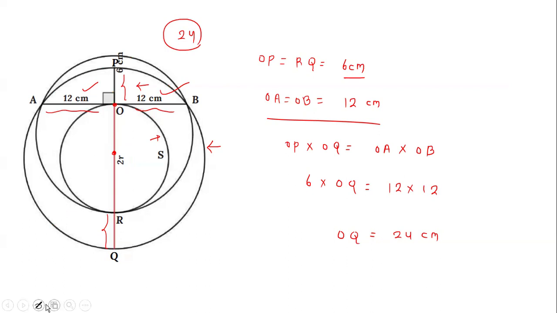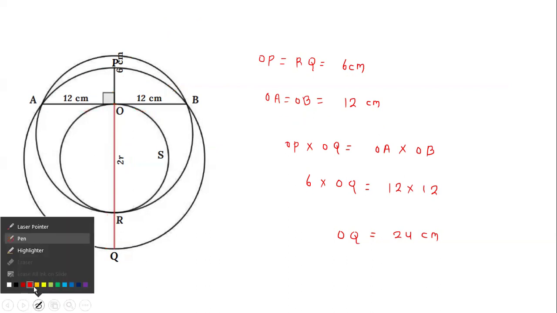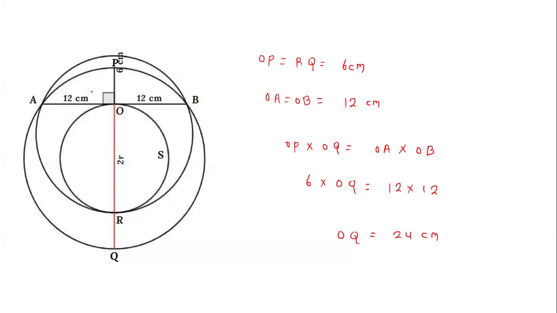And now you see we have this bigger circle and this circle. So there are two chords. One chord is the AB chord and one chord is the PQ chord, and both are intersecting at the point O. So by the chord theorem, this OP length multiplied by OQ length is equal to OA length multiplied by OB length.